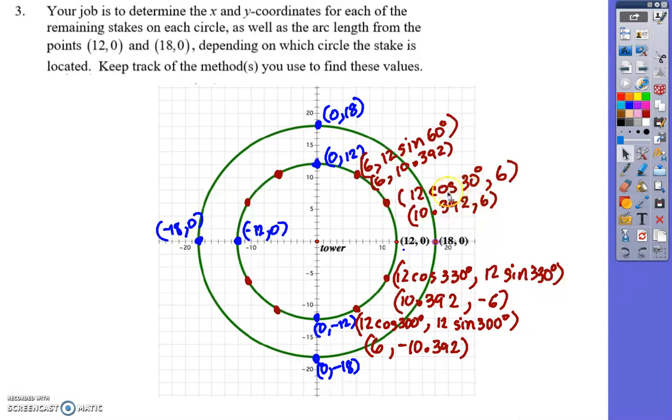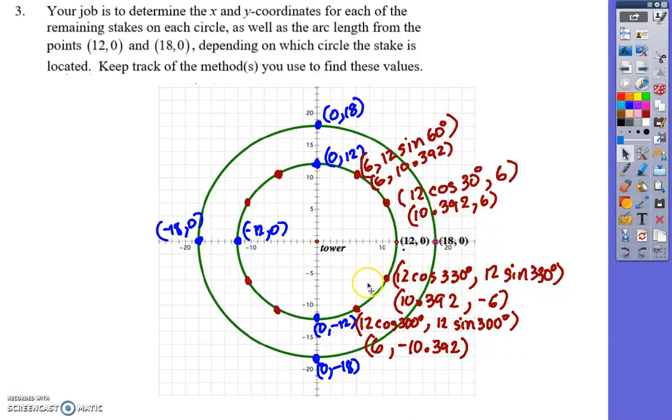The sine of 30 degrees is 1/2, so half of 12 is 6. Then 12 times the cosine of 30 degrees for my x term is 10.392. So I end up with (10.392, 6), and then (6, 10.392) for my other point, which is the cosine of 60 degrees, 1/2. So there's where 6 came from. Then 12 times the sine of 60 degrees turns out to be the opposite, so they switch.